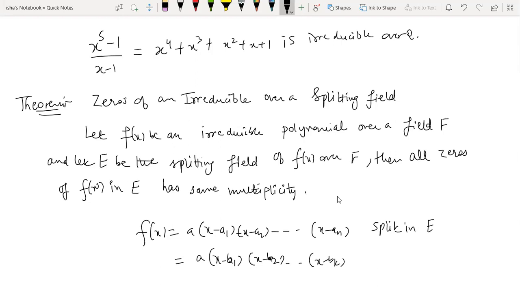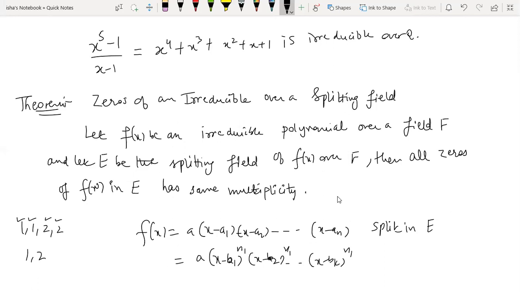सपोज़ किसी polynomial के roots हैं 1, 1, 2, 2, तो उनमें से distinct कौन से हैं, 1 और 2, right? So 1 की भी multiplicity 2 है और 2 की भी multiplicity 2 है, तो distinct वाले pick कर लो 1 और 2. तो ये जो b1, b2, bk हैं, these are the distinct roots picked up out of a1, a2, an. तो इनकी powers जो हैं same होंगी, n1, n1, n1, right?